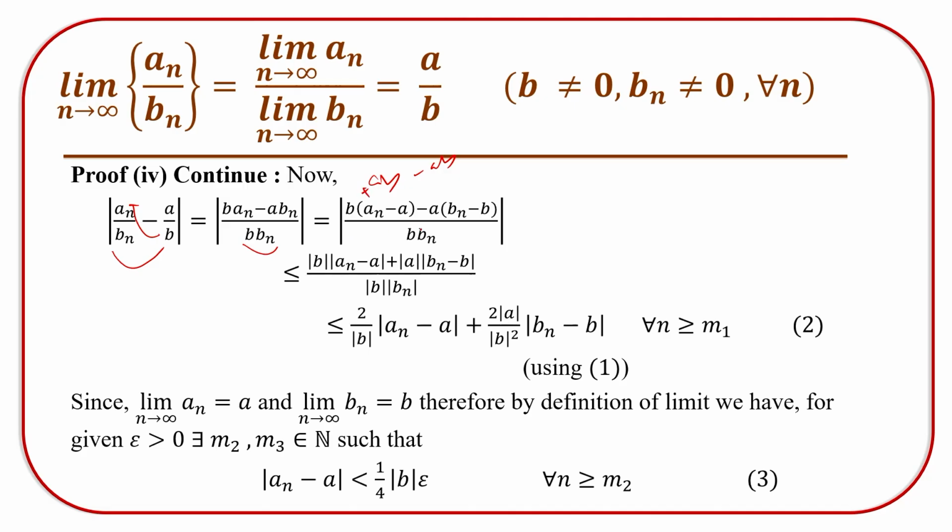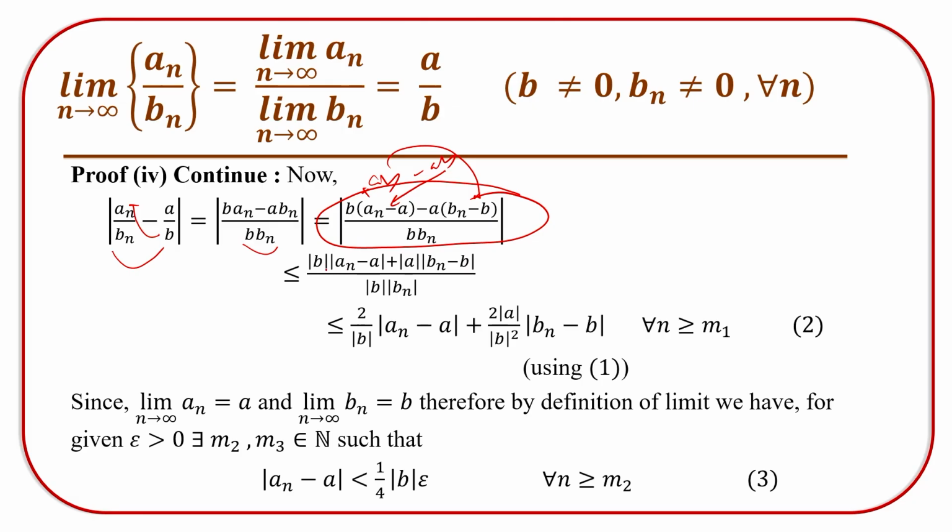So here it's a subtraction and here it's an addition, right? Rearranging the terms, B into (An − A) minus A into (Bn − B), divided by B into Bn.